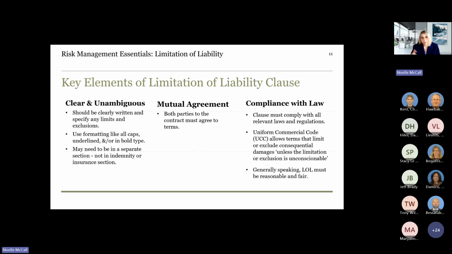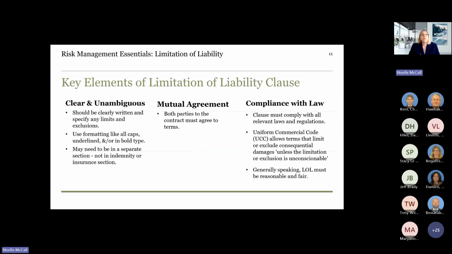And you can do that by using all caps, underlining the wording, and or putting it in bold type. So it really kind of is in your face when you're looking at the contract and hard to miss. Also, these types of clauses may need to be in a separate section all of their own. They should not be buried inside the indemnity or the insurance clauses.